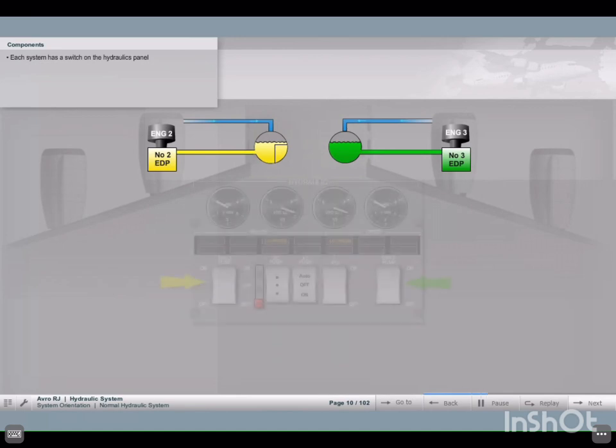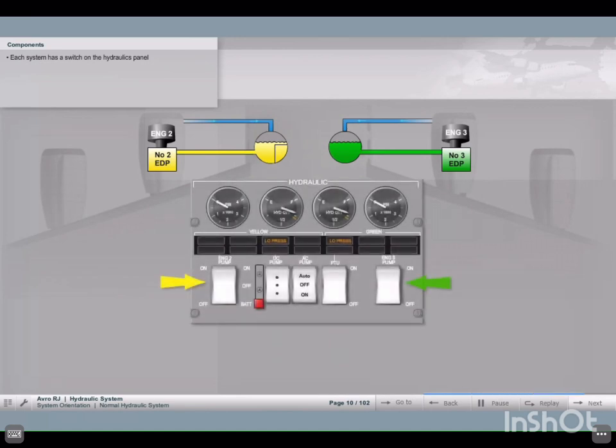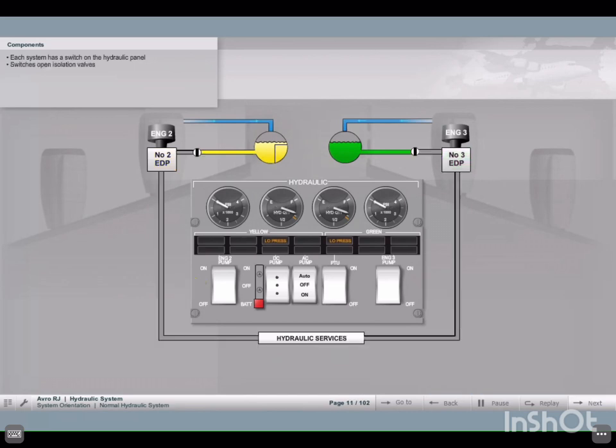Each system has a switch on the hydraulics panel. The switches open isolation valves connecting the pump to its associated system reservoir.